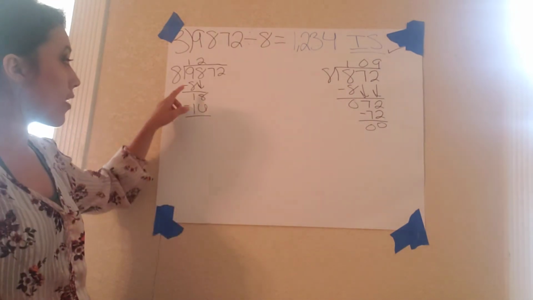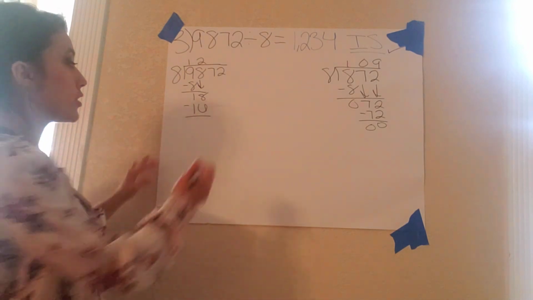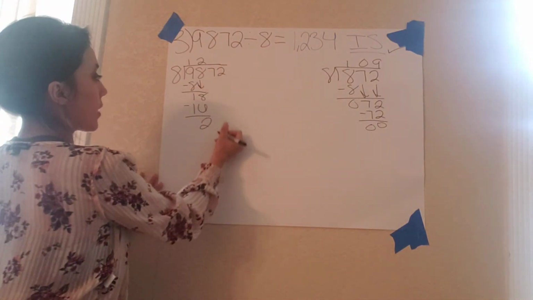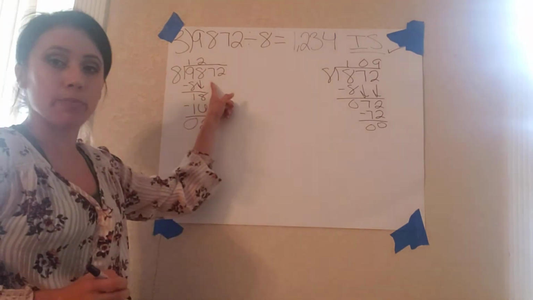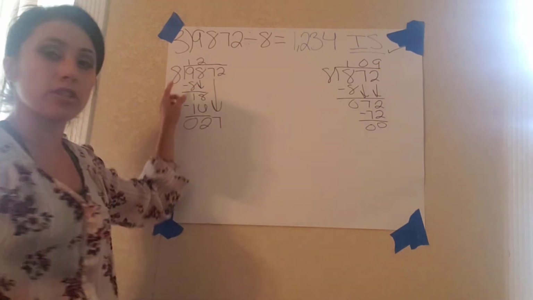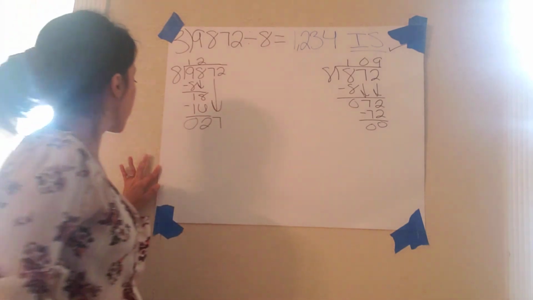So let's start from 18 minus 16. So 8 minus 6 is 2. And then 1 minus 1 is 0. And now we're going to bring down the 7 and make 27. So now we need to see how many times does 8 go into 27.